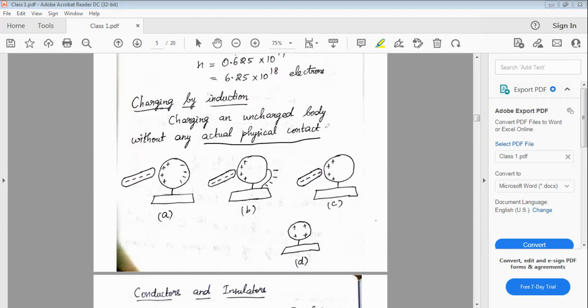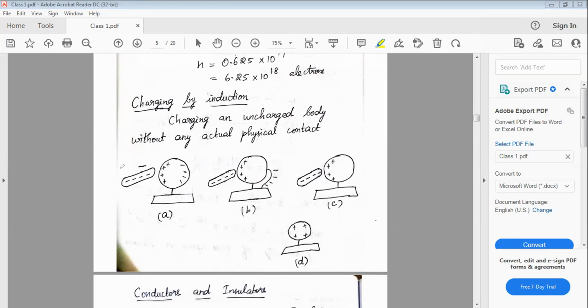Without any actual physical contact, you are charging an uncharged body. That is called charging by induction. You are not bringing the two bodies into physical contact, yet the body acquires a charge. So how is it possible? Let us take an example here.